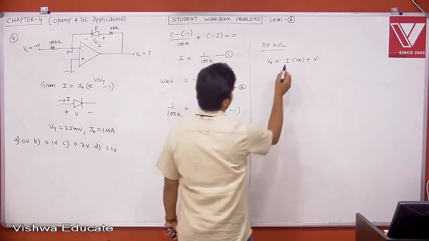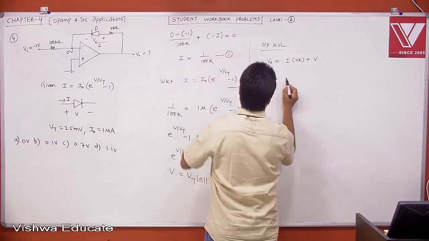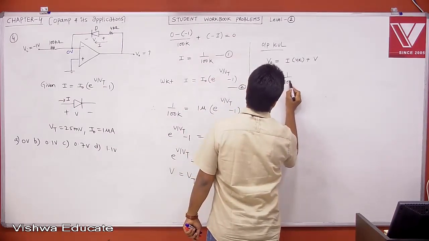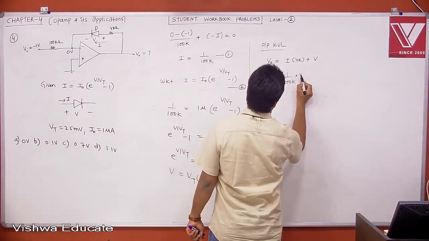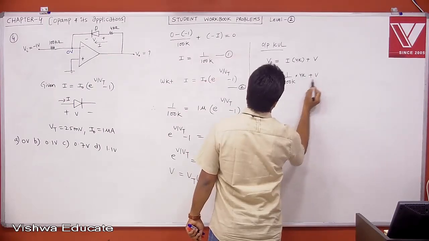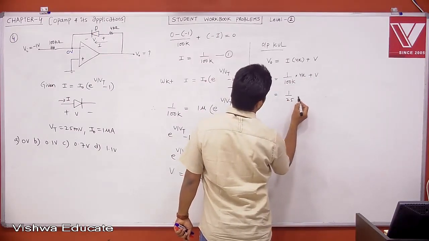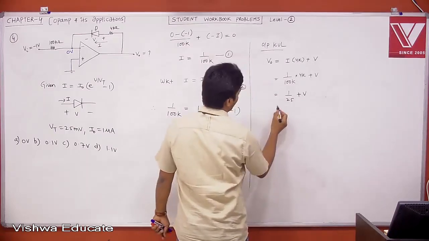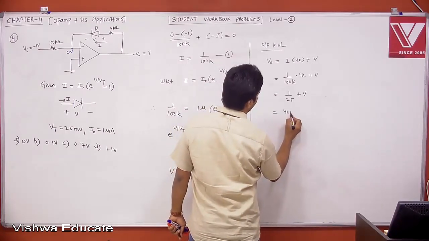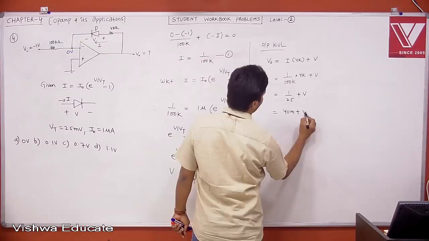So what is I? I is already known to you, which is 1 by 100k into 4k plus V. Therefore, the k's will be cancelled, 1 by 25. So this is 1 by 25 plus V. What is 1 by 25? 40 millivolt, okay? 40 milli plus V.